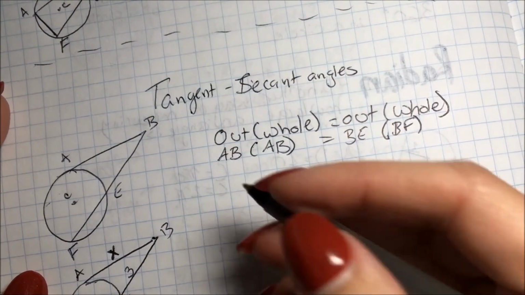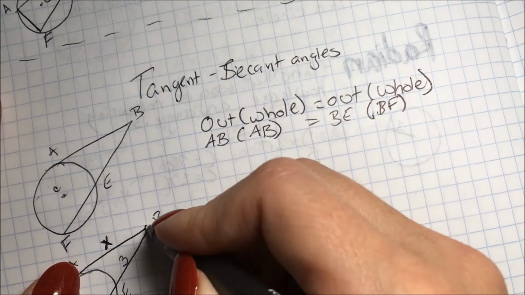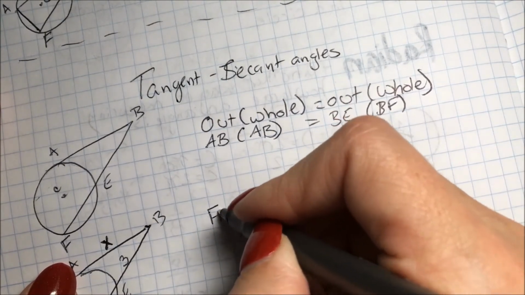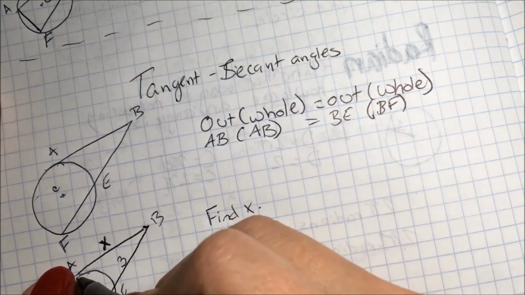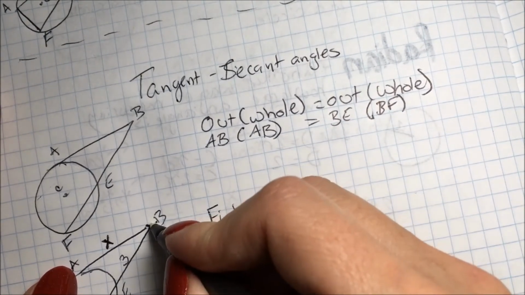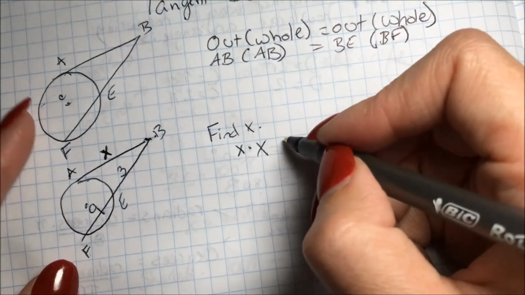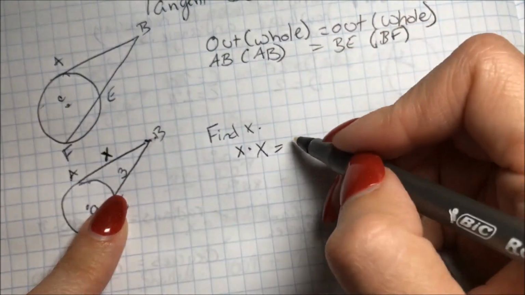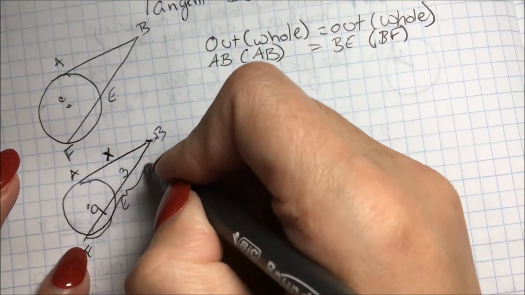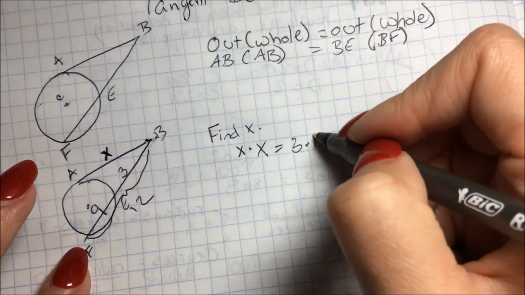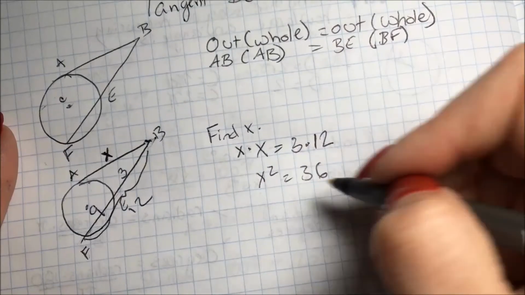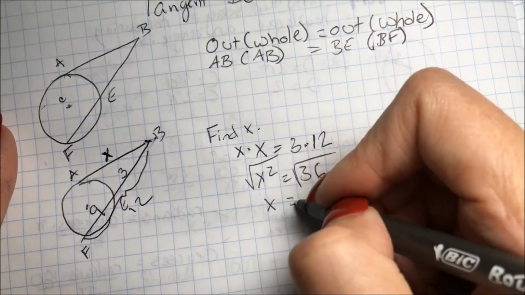And I want to find X. So I do the outside of the tangent, which is X, times the whole. Outside times the whole, so X times X, because the outside and the whole are the same thing for the tangent, equals outside of my secant times the whole of my secant. So the whole part of my secant here is 12. So I get X squared equals 36. So I take the square root, X is 6.